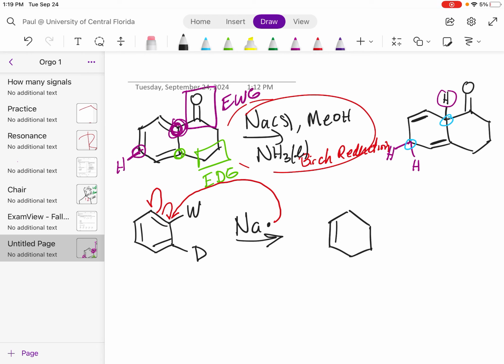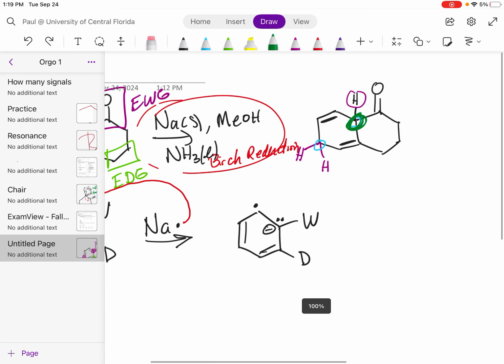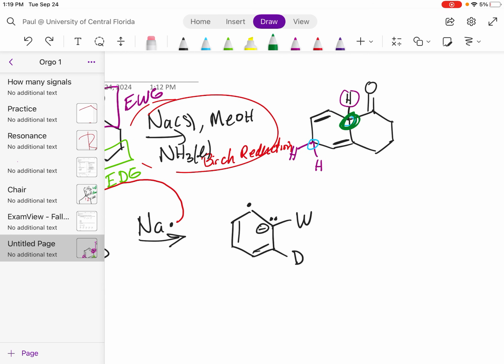So we do that. So we have our W, and that stays there. So what has happened now? We have a radical there, and then a lone pair right there. Now recall at the beginning of the video, I said that we want to have a lone pair on that carbon, which is that carbon, because we need that lone pair to come and abstract a proton off of methanol.